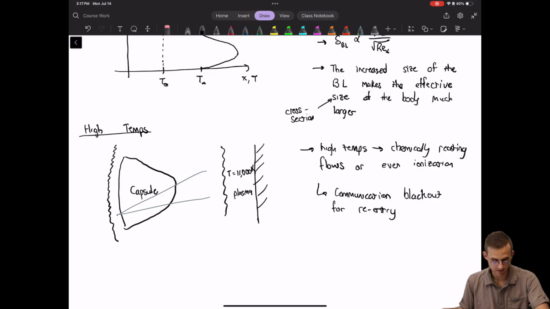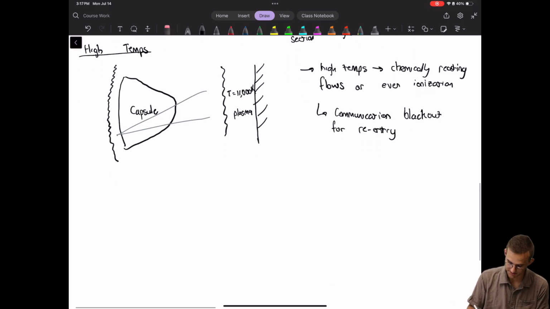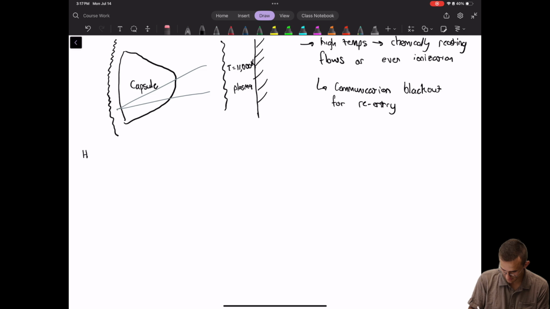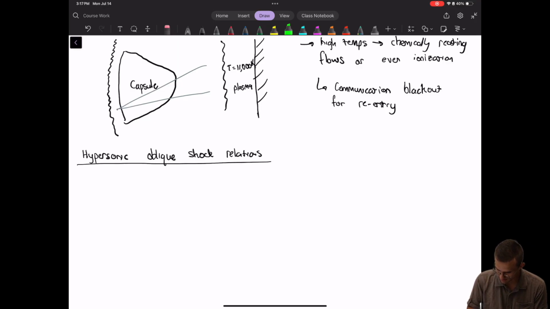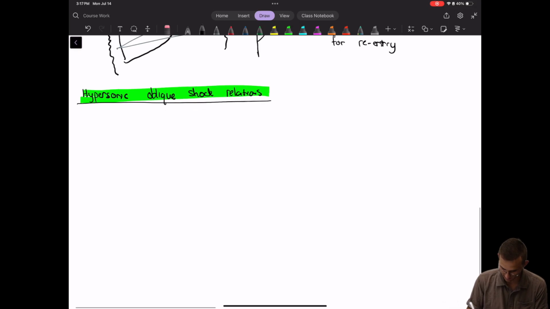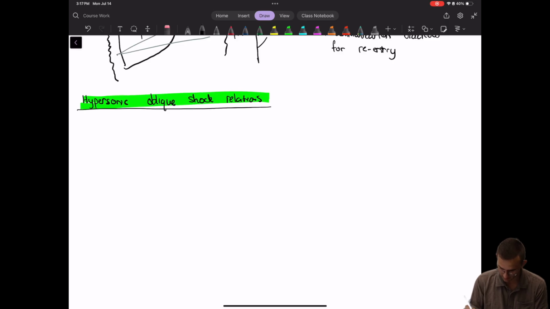Let's do a little bit of mathematical, or quantitative, reasoning in the hypersonic limit. We'll call this section hypersonic oblique shock relations. We'll start by drawing our typical oblique shock diagram that we've drawn over and over again.